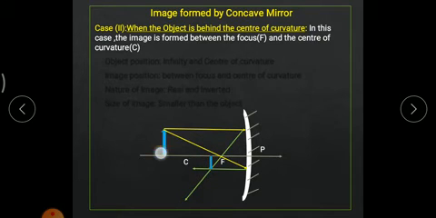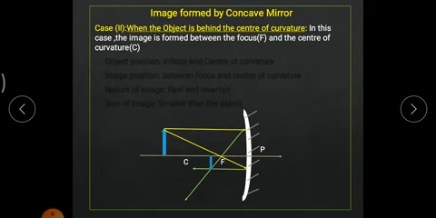As you can see, this image and this object are of two different natures. Here the arrow is upward, here it is downward. Here the object is relatively larger, here the image is small.